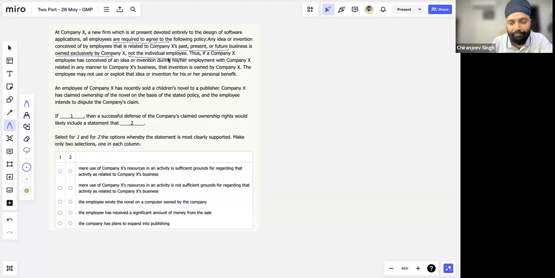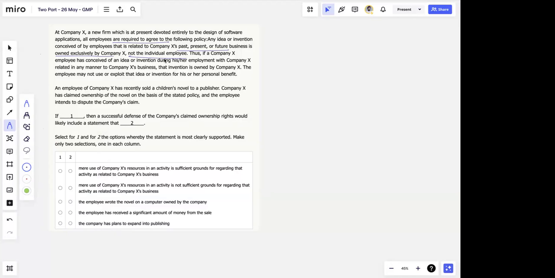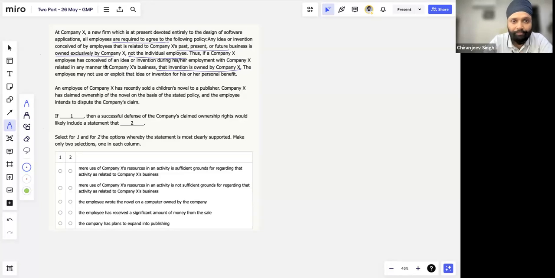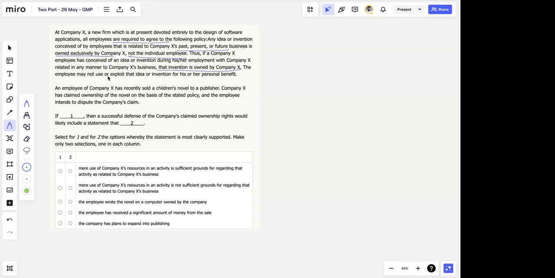Thus, if a Company X employee has conceived of an idea or invention during his or her employment with Company X related in any manner to Company X's business, that invention is owned by Company X. The employee may not use or exploit the idea or invention for his or her personal benefit.